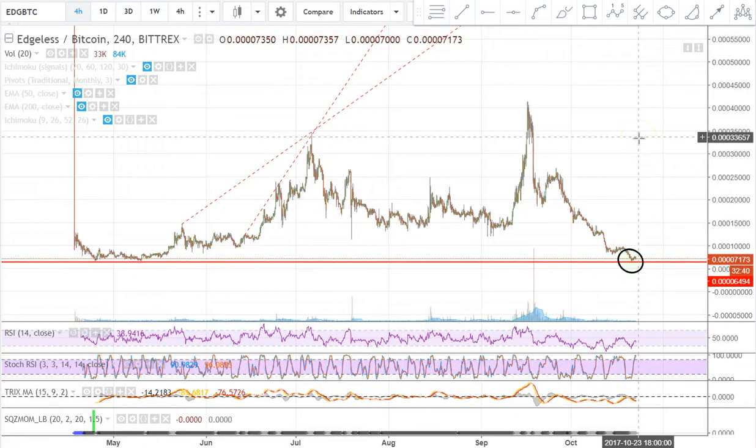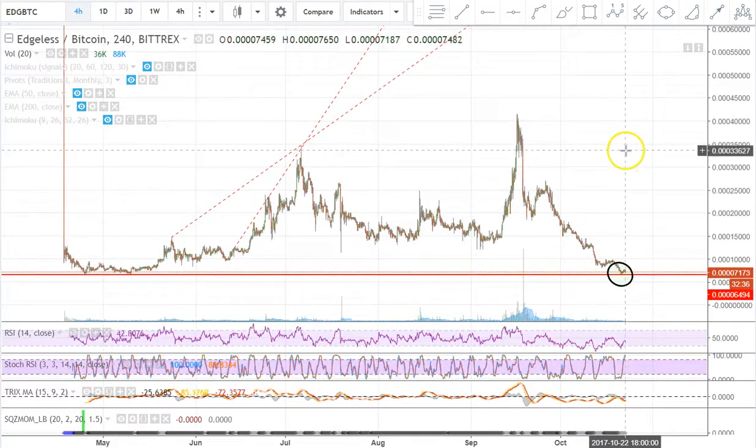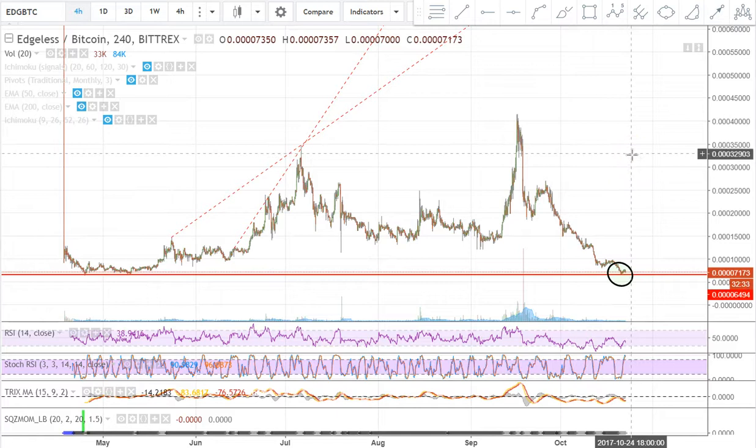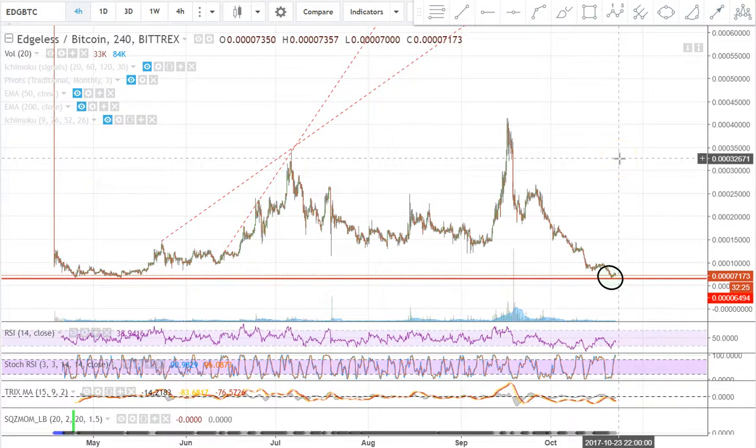Let's say you found a coin, let's say Ageless coin, you feel good about it, there's some updates after 2 weeks, so fundamentals are good.